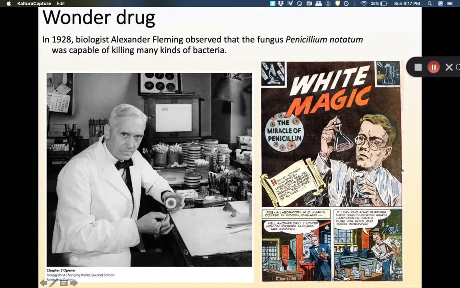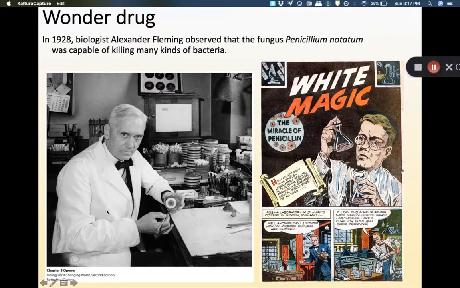Your book chapter in this section explores these questions through the discovery of penicillin. Penicillin comes from a fungus that Alexander Fleming observed was capable of killing many different types of bacteria.